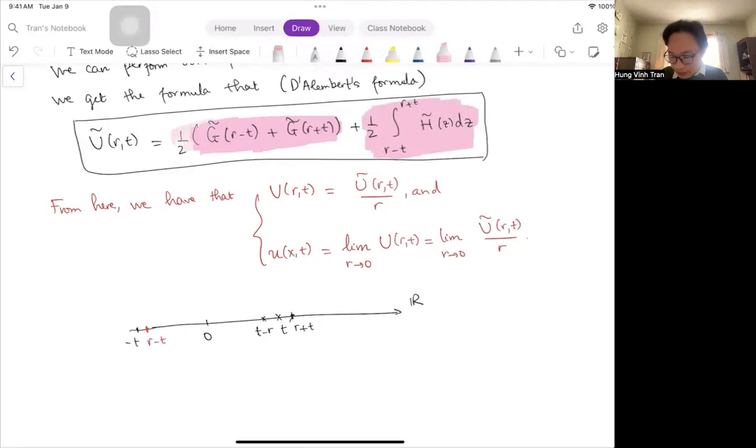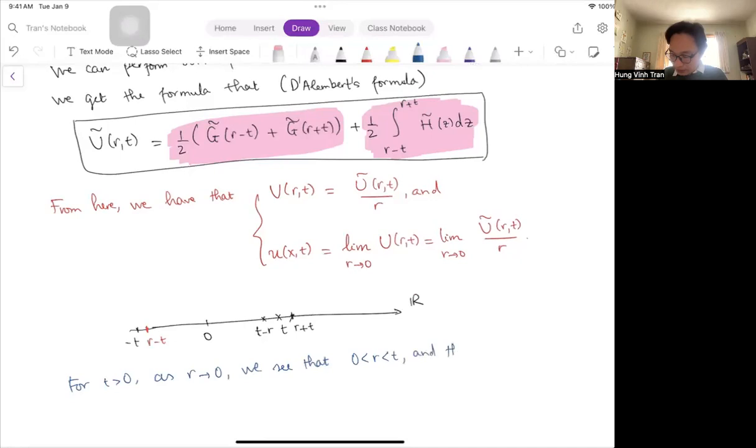This was already noted when we solved the wave equation in the first quadrant, but it's good to recall it here: for t greater than 0, as r goes to 0, we always have 0 less than r less than t.